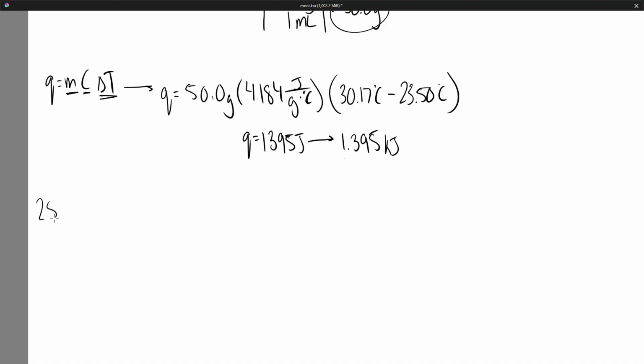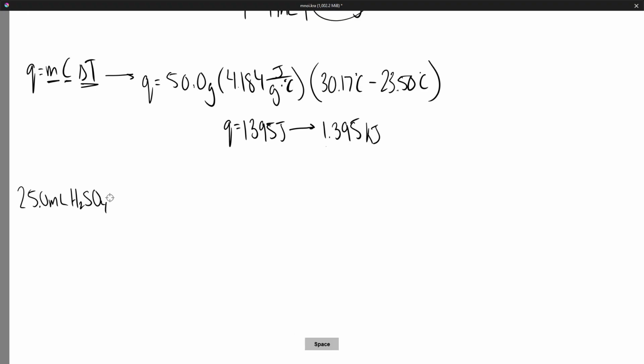So we start off with 25.0 milliliters of H2SO4 sulfuric acid. Okay, we want to convert that into the number of moles of water, which actually means first we have to do a balanced chemical equation.